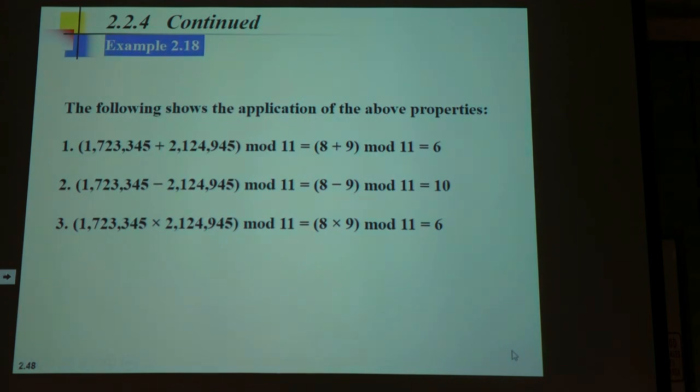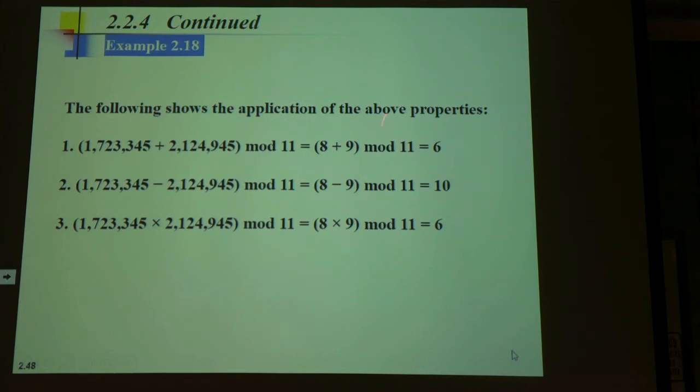And that's why we need these techniques, not for the small numbers. For example, if you have a huge number plus another huge number mod 11, you calculate the mod 11 for the first, which gives you 8, and the mod 11 for the second, which gives you 9.